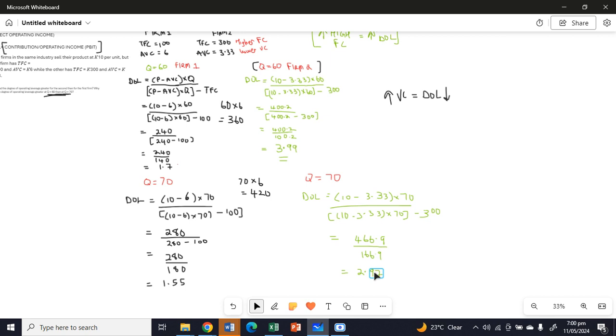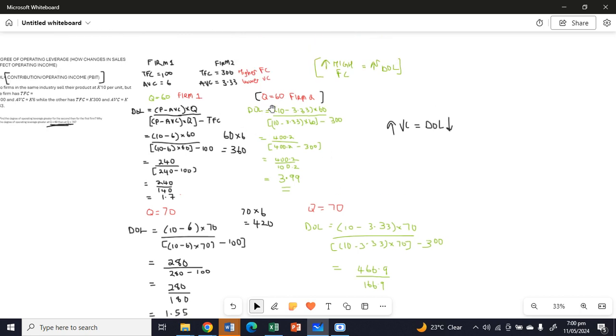All right. And then the relationship between degree of operating leverage and fixed costs. As we can see here, if we compare frame 1 and frame 2, frame 2 has the higher fixed costs, and you can see in both occasions, frame 2 has a higher degree of operating leverage than frame 1.